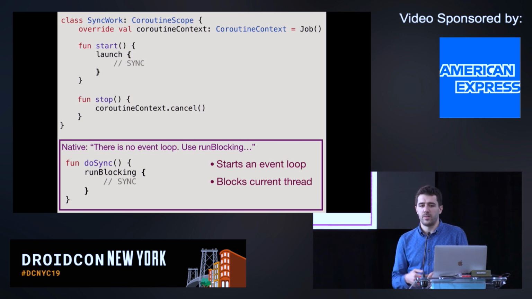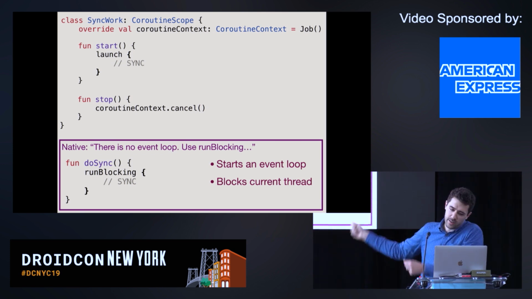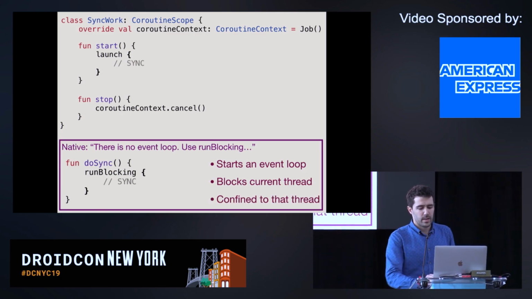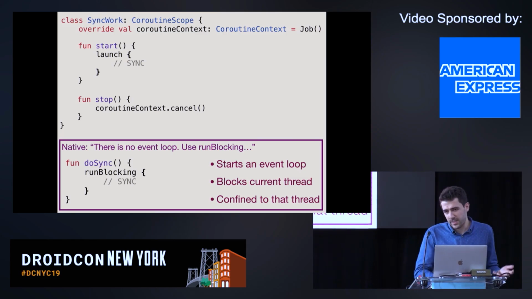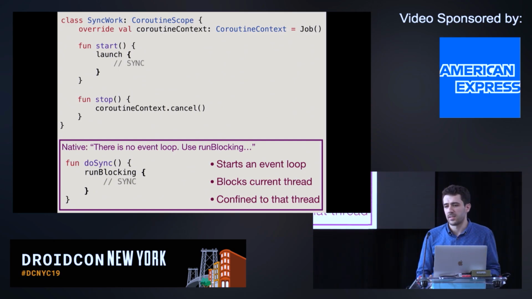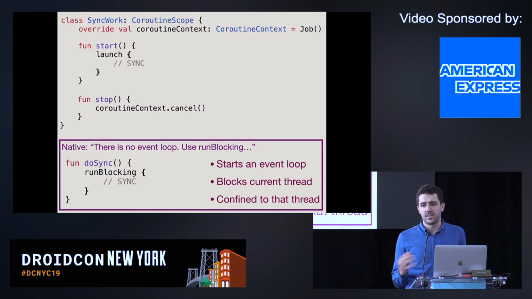Furthermore, runBlocking is going to block the current thread. That block of coroutine code that you pass to runBlocking is going to block the current thread until all of that asynchronous work is finished. And finally, and this is especially important for native, all of the coroutine classes like coroutine scopes, context, everything that gets created while you're using runBlocking, has to stay confined to the current thread. So you really are stuck on that thread when you use runBlocking.